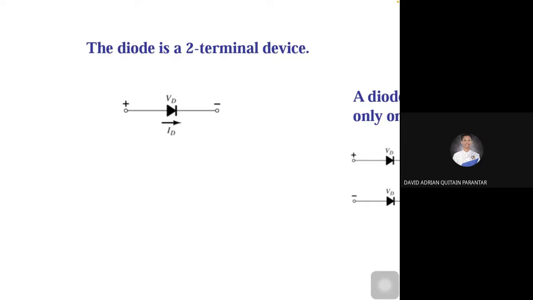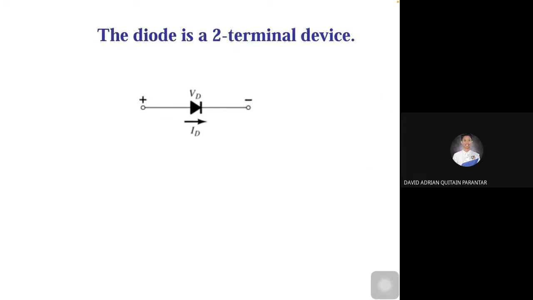In a circuit diagram we don't draw the P and N junction, but this symbol: an arrow pointing in a particular direction.